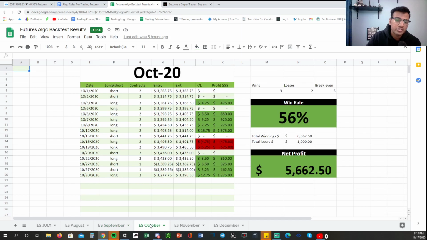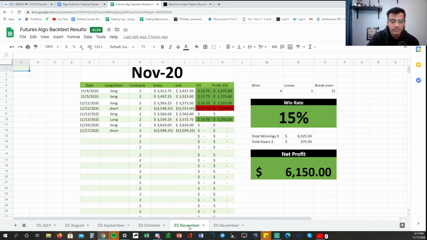And then October was a very slow month. We only had 9 wins, 2 losses, 5 break even because in October we saw that, hey, this was very choppy. And this is October 2020. I don't know when you guys are watching this, but yeah, we had a lot of break even points, but that saved us from losing out on money, right? It was lower than what we made, but we still had a good month. Nice profitable month.